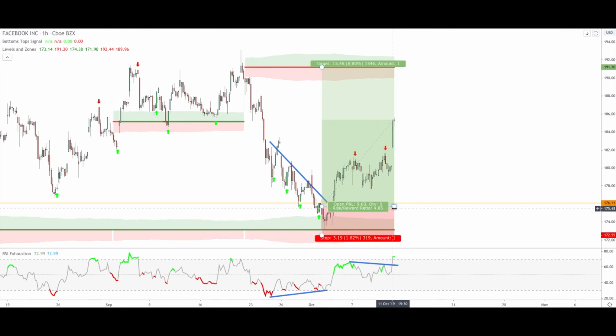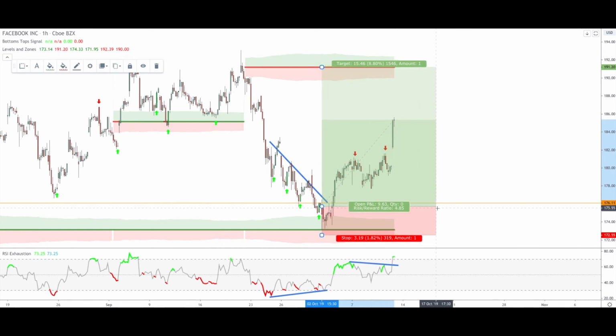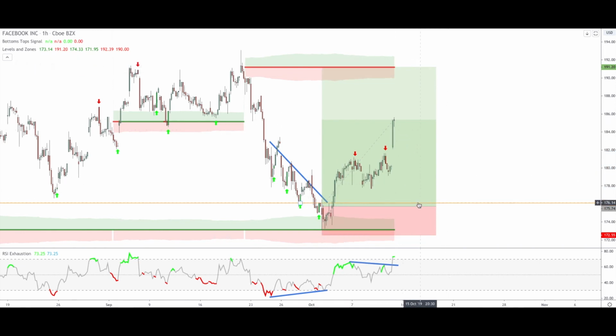So in the worst case scenario, I'm going to make money, but I do not expect the price will come down to this level, because the RSI has just moved higher, and it is now a little bit overbought and exhausted. But as I said before, the RSI could stay overbought and exhausted for a prolonged period of time, and the price could continue to go higher and higher because of this.